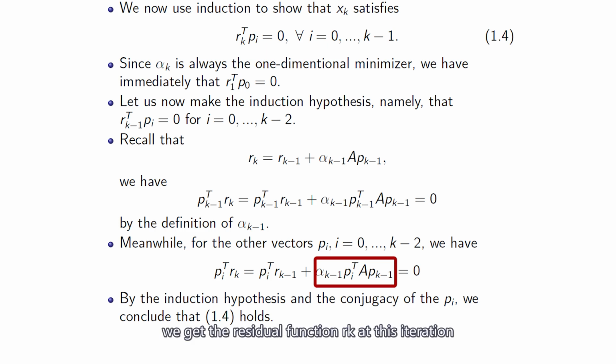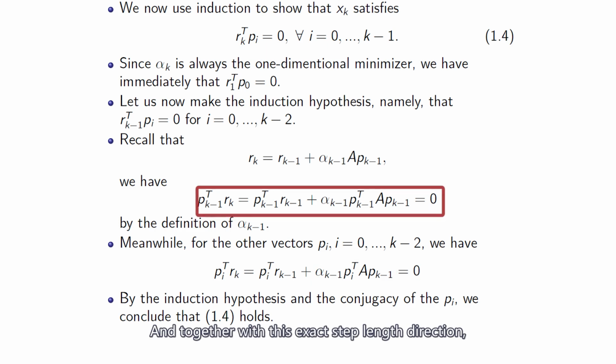By doing this, we get that the residual rk at this iteration is orthogonal to all the search directions from p0 until pk minus 2, and together with the exact step length, rk is also orthogonal to pk minus 1. Therefore, we have shown that for iteration k, the result also holds. So by induction, we have proved the first part of this theorem, okay?